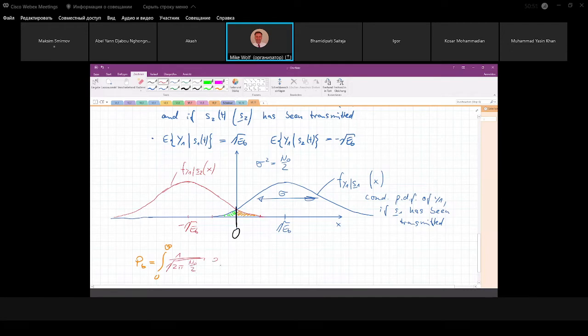And then we insert this distribution, whose center is at minus square root of E. So this would be minus x plus square root of E, divided by 2 times the noise variance, as you remember, squared, dx. If we simplify this, we have done this before, you can check it.